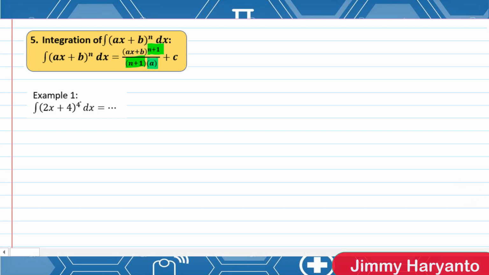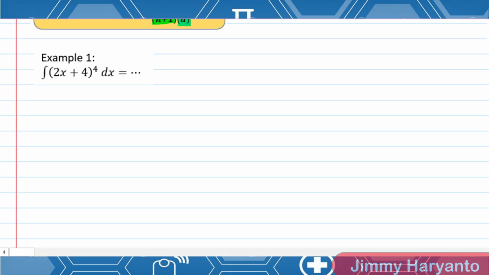For the first one, it's integration of (2x + 4)^4. So it's like usual, (2x + 4), and the power is 4. Don't forget to add 1 to the power. The denominator will be 4 + 1 also.